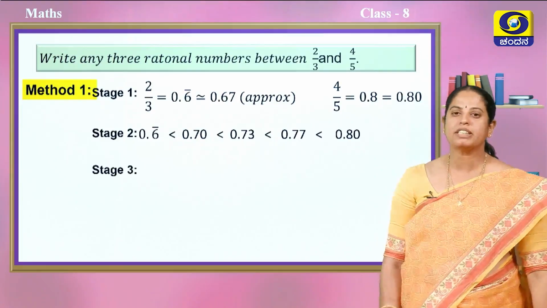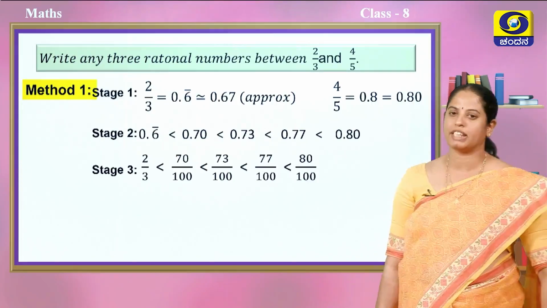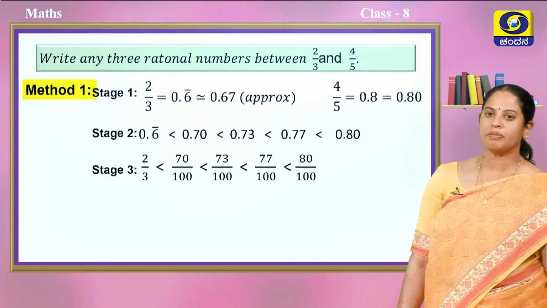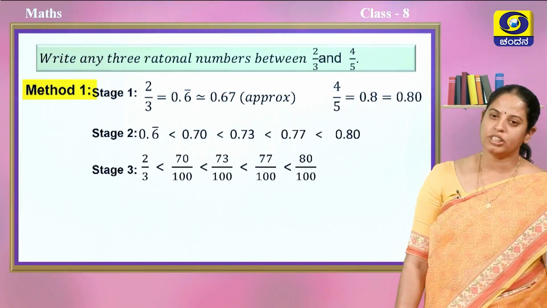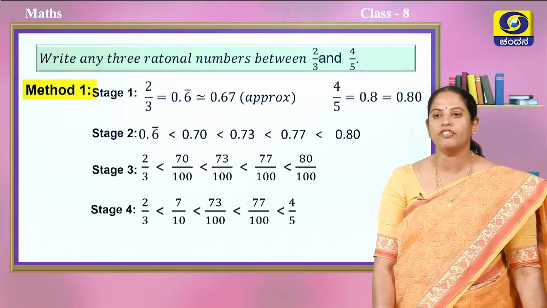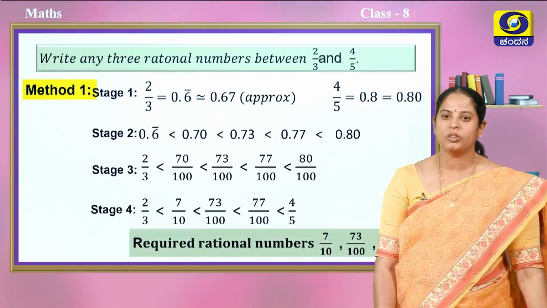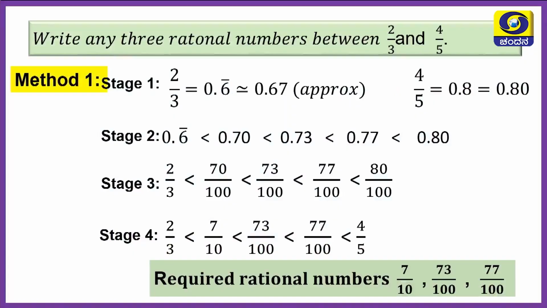Now, express these again in fraction form. You are going to get 70 by 100, 73 by 100, 77 by 100, 80 by 100. So, these are the rational numbers between 2 by 3 and 4 by 5, children. This is one way of writing the 3 rational numbers between 2 by 3 and 4 by 5.